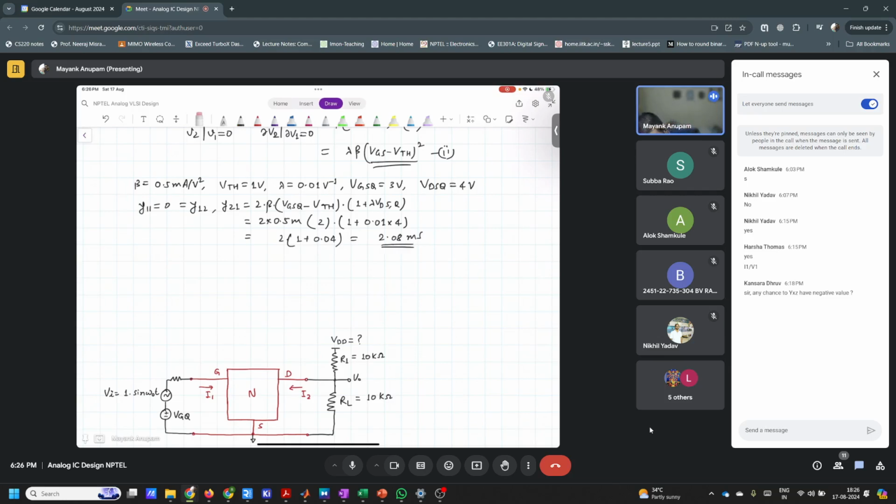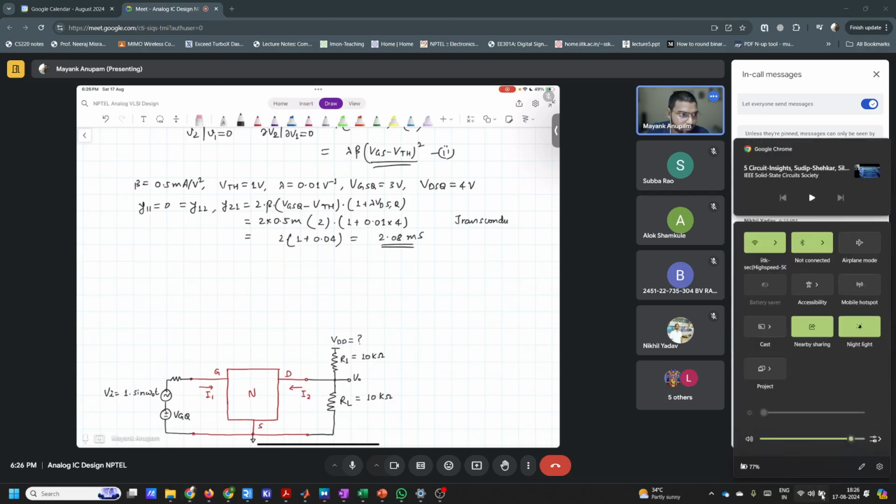So this is millisiemens. You understand what this S stands for? S is the unit of transconductance. I also said one day, I think last to last class, something about this: that this is a unit of transconductance.